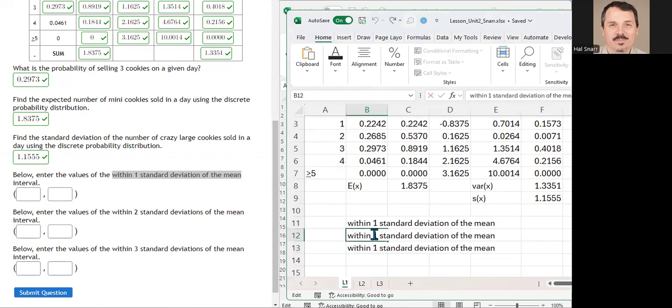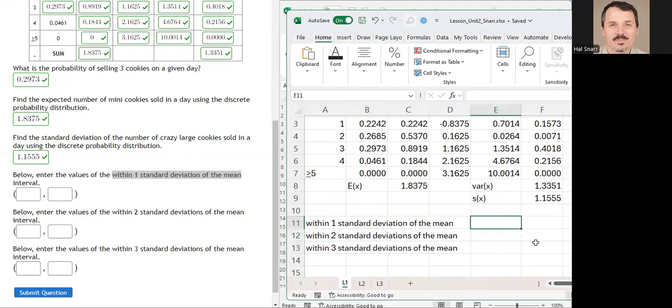I'm going to change this to 2, and this to 3. I'm going to make standard deviation plural. Then I'm going to pull these over to here. So I got the lower limit and I got the upper limit.